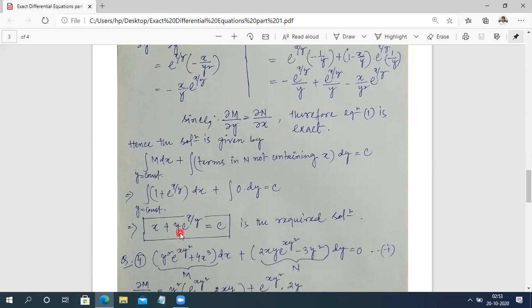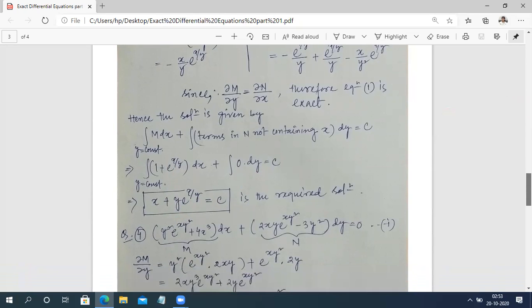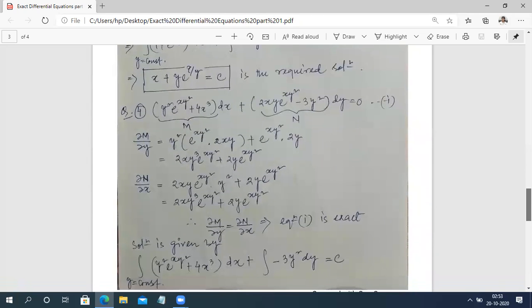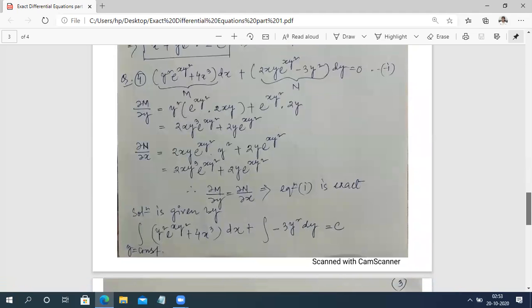Okay, so we are integrating now, so it will be y e raised to the power x by y is equal to c. So the question and the solution are very simple. Just in two steps, the solution will be complete.